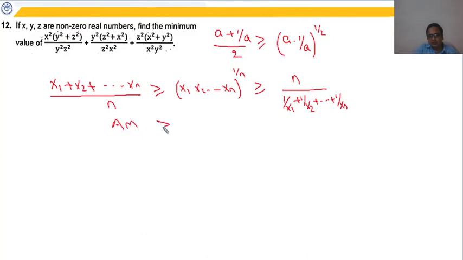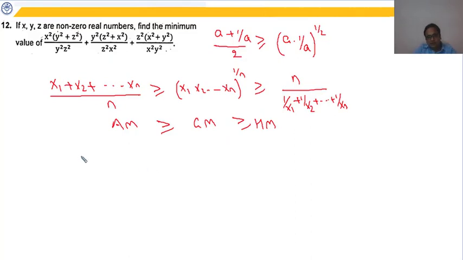Arithmetic mean is always greater than or equal to geometric mean, which in turn is greater than or equal to harmonic mean. We apply this to non-zero real numbers, or we can say positive real numbers. And these three are equal when all the numbers are the same. Otherwise, arithmetic mean is always greater than geometric mean, which in turn will always be greater than harmonic mean.